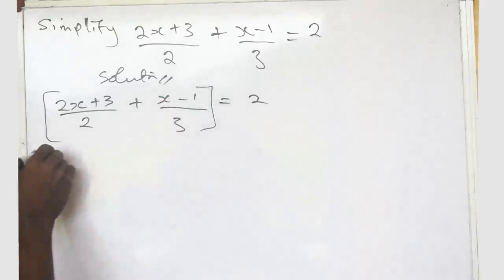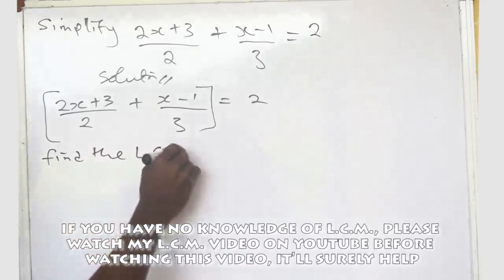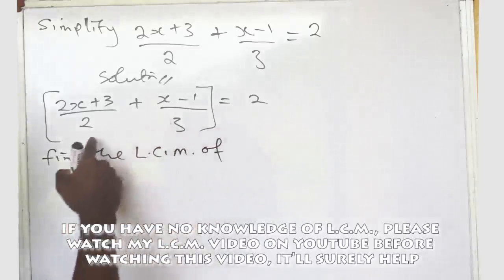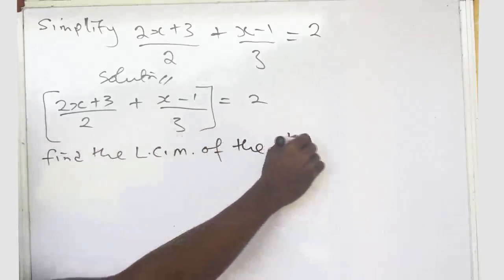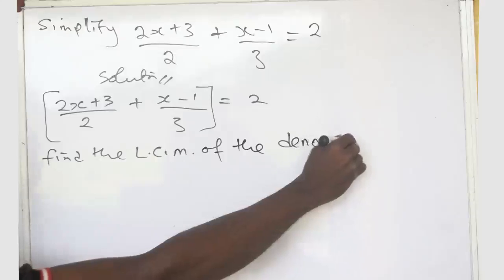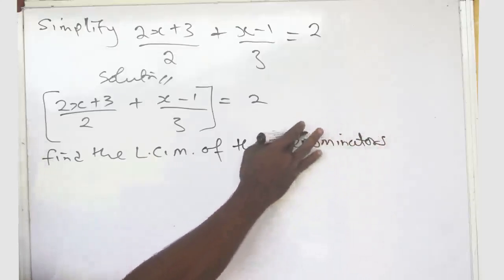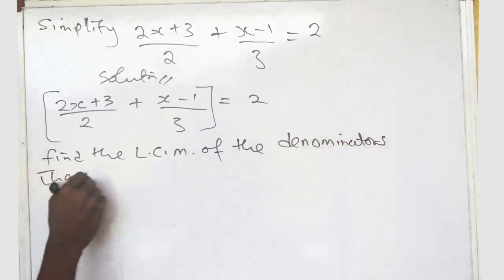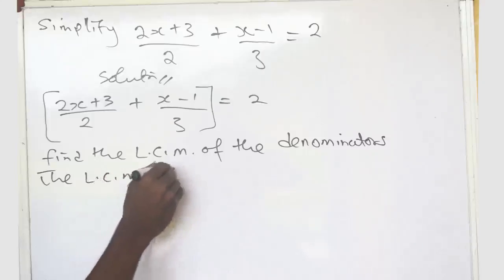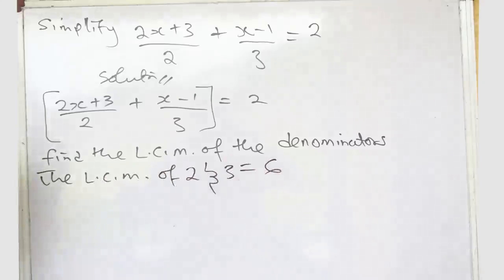you look for the LCM. Find the LCM of the denominators. The denominators are 2 and 3. So the LCM of 2 and 3 is 6.